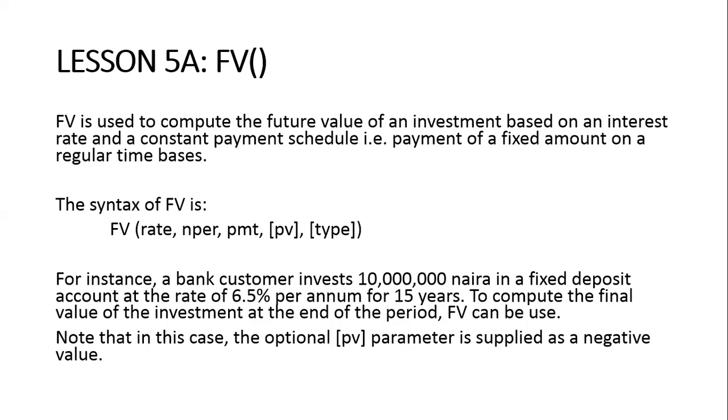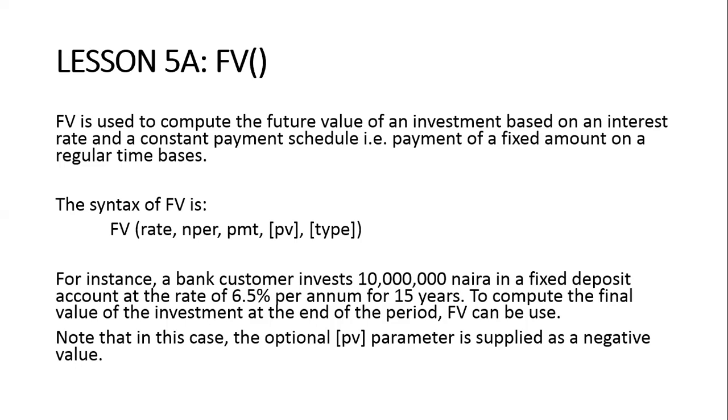Now, all these are based on the assumption that the interest rate is fixed and the amount being paid is fixed. That's the assumption. So the syntax for FV is FV(rate, number of periods, payment amount, PV, type).